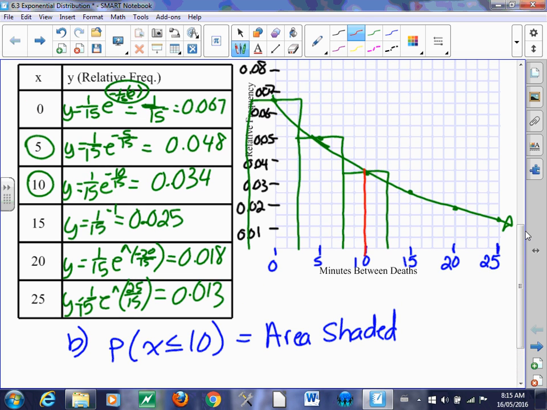So how many boxes do we have? Well, we really have one box here because that's a different category. We have a second box here, and we have a half of a third box here. So why don't we say area 1, area 2, and area 3.